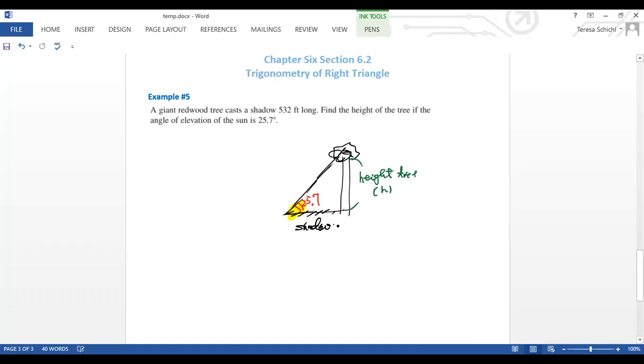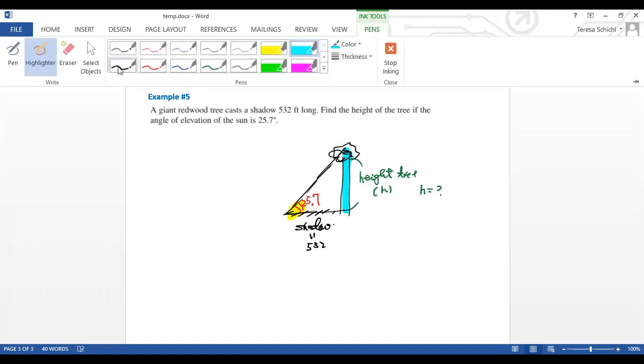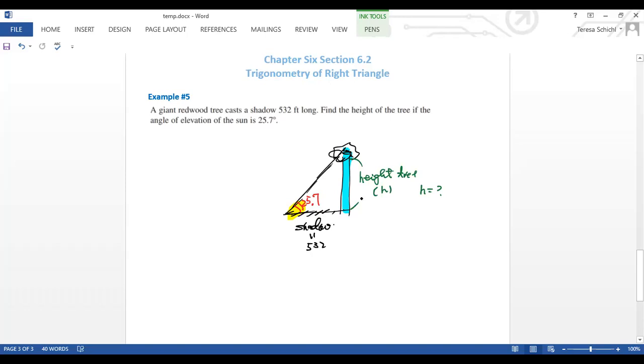I know the shadow is 532. Which trig relation uses height and shadow? Height is opposite and the shadow is adjacent, so it's opposite over adjacent.